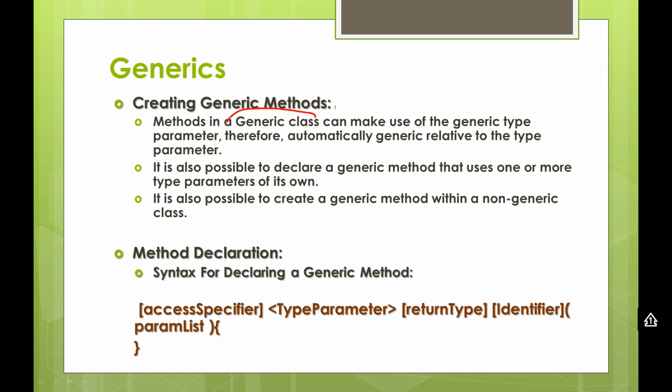So whenever we create a generic class, we will specify type information to the generic class, right? So any method within that particular generic class, for example, say class A<T>, okay. So I have a method.